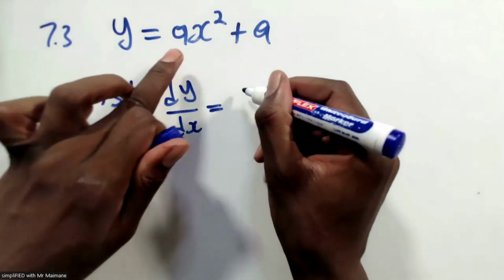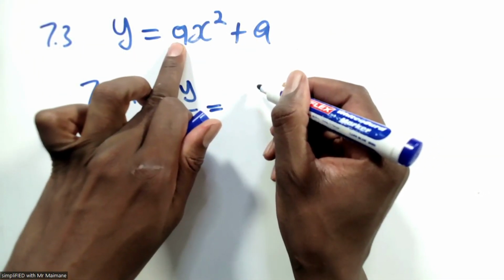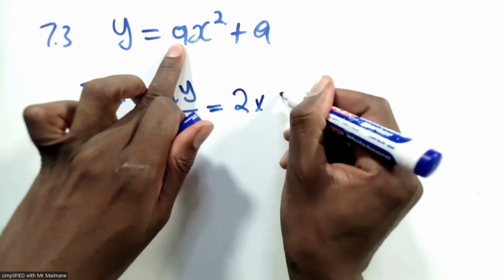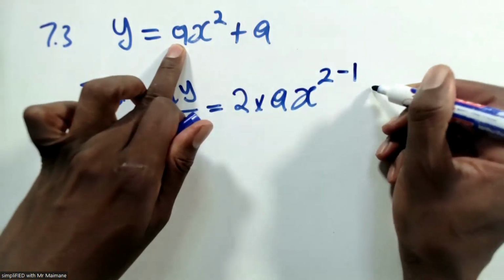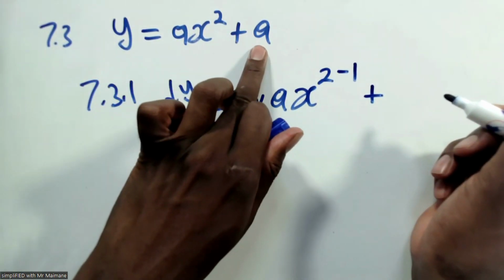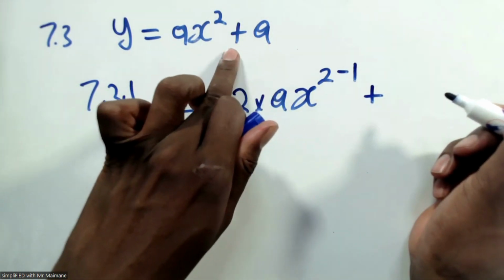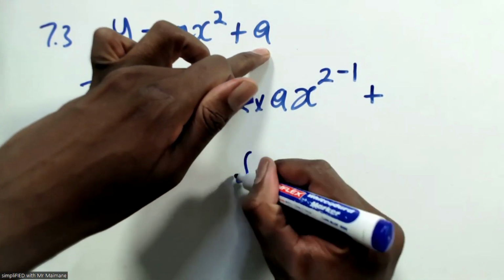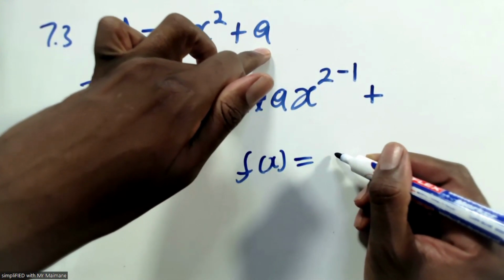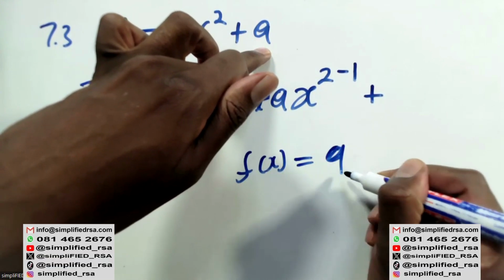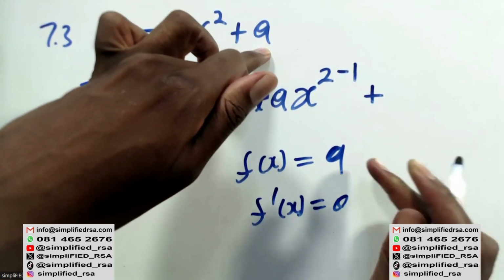Therefore, this is going to be the x squared's 2 comes down: 2 times a x to the 2 minus 1, plus, if this was a number, whether it's 10, 100, a million, whatever number it can be, we know that if f of x is a number, say 9, then f prime x is 0.